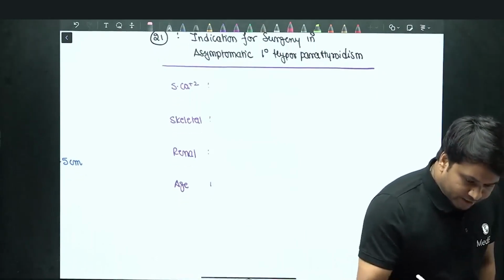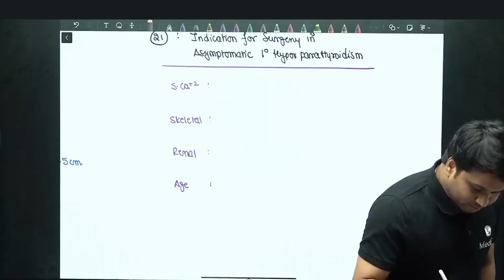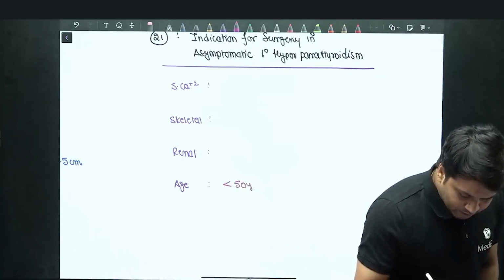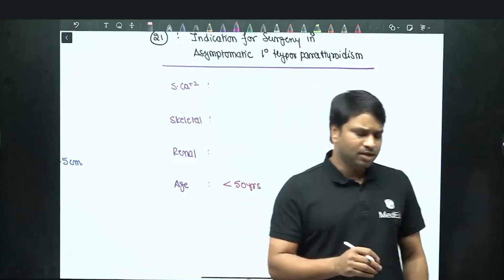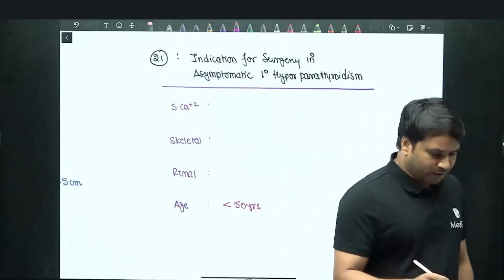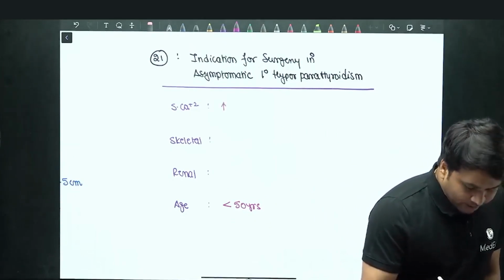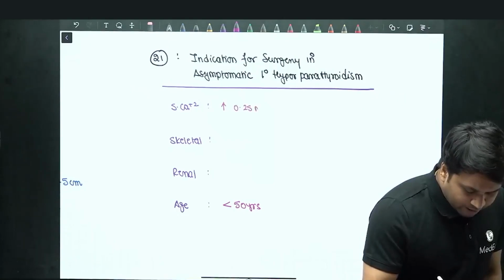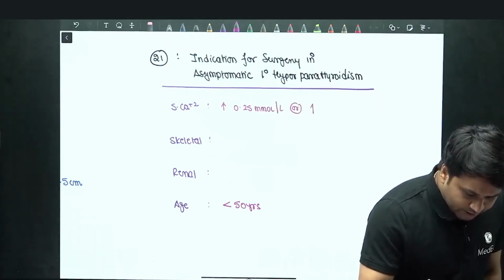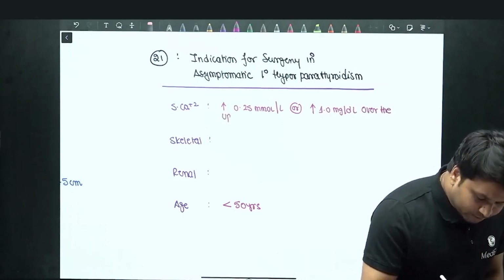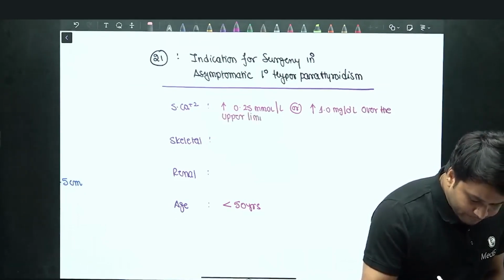Now, if the age is less than 50 years, asymptomatic primary hyperparathyroidism should be addressed with surgery. Usually it is because of parathyroid adenoma, right? Now, in serum calcium levels, if there is increase in serum calcium by either 0.25 millimoles per liter, or if there is increase by 1 milligram per deciliter over the upper limit, right?